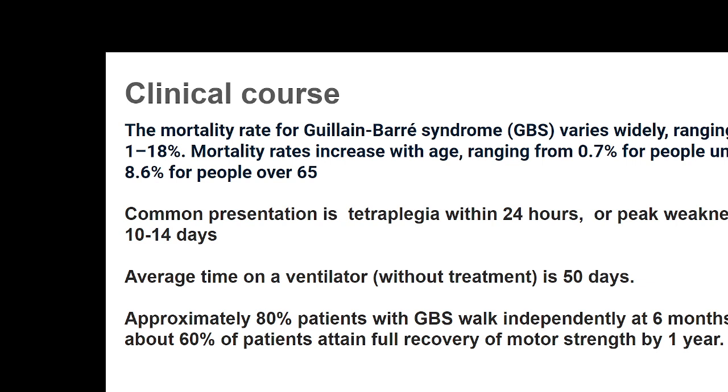In the younger age, the mortality rate is lesser, but in older age it increases, and most of the time the patient may require ventilator treatment because of the neurological pathology. The average duration of ventilator support is around 50 days. The patients have to be kept on a ventilator for quite a long time till the patient recovers, though there is a chance of spontaneous recovery.